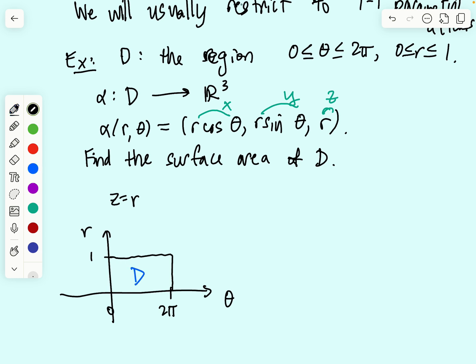And then if you just forget the Z axis and just look at X and Y, then you're just mapping D to the circle of radius R centered at the origin.